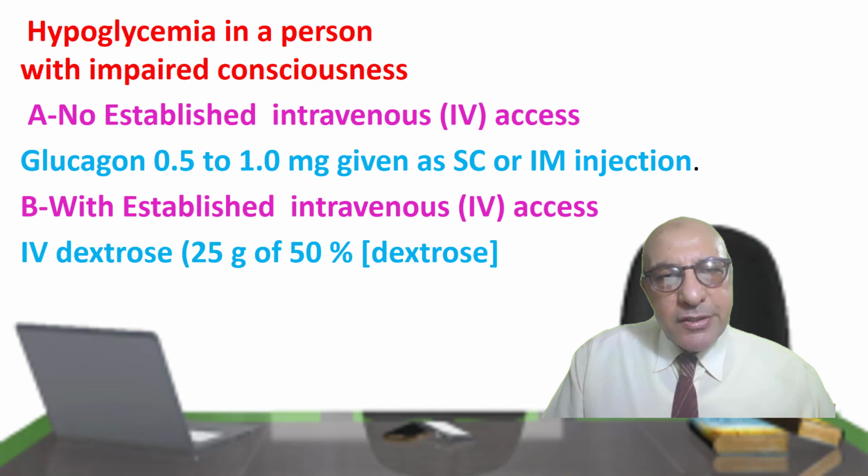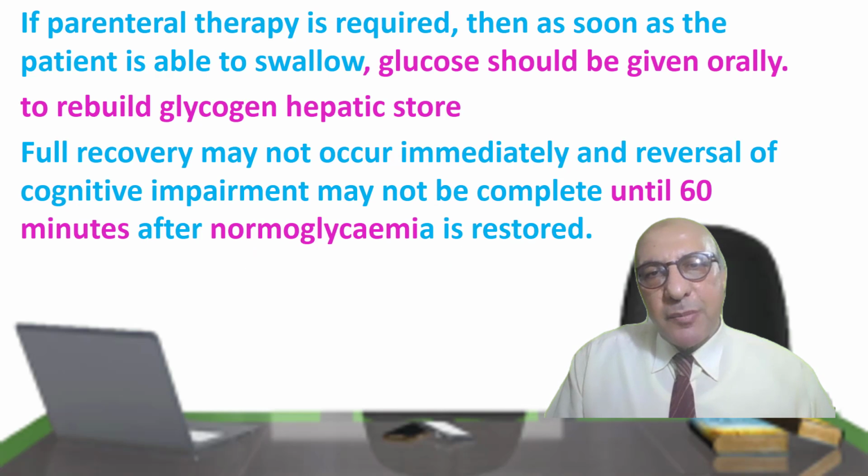The other important thing here is that if parenteral therapy is required, then as soon as the patient is able to swallow, glucose should be given orally. Why? Because, besides recovering the blood sugar level of the patient back to normal, we need to build up the glycogen in the liver, which has already been consumed before the patient passes into severe hypoglycemia. And it can be best recovered or rebuilt with oral carbohydrates.